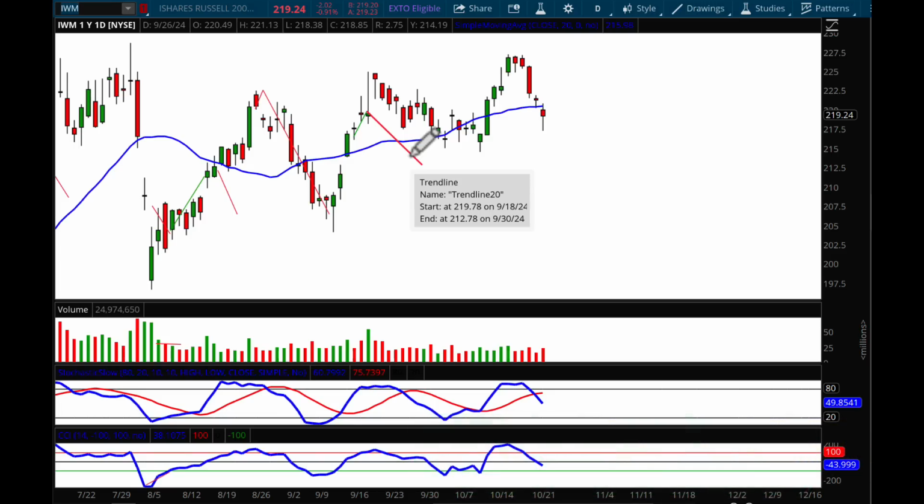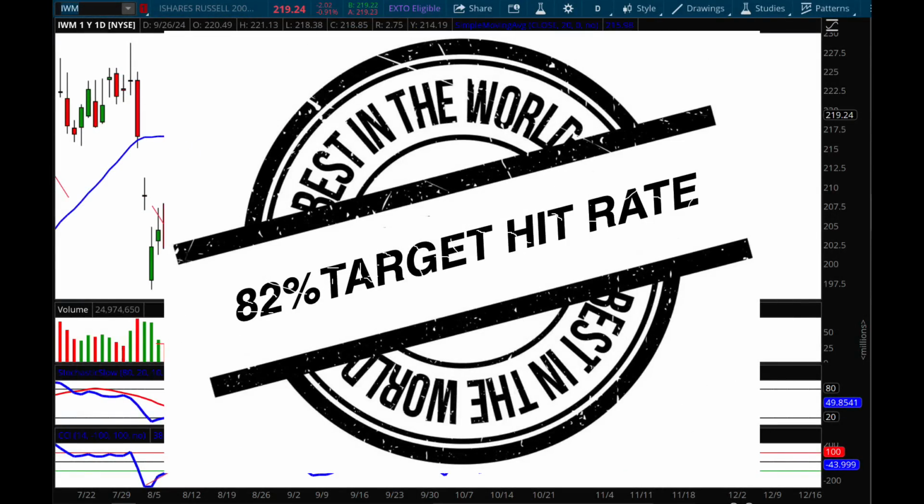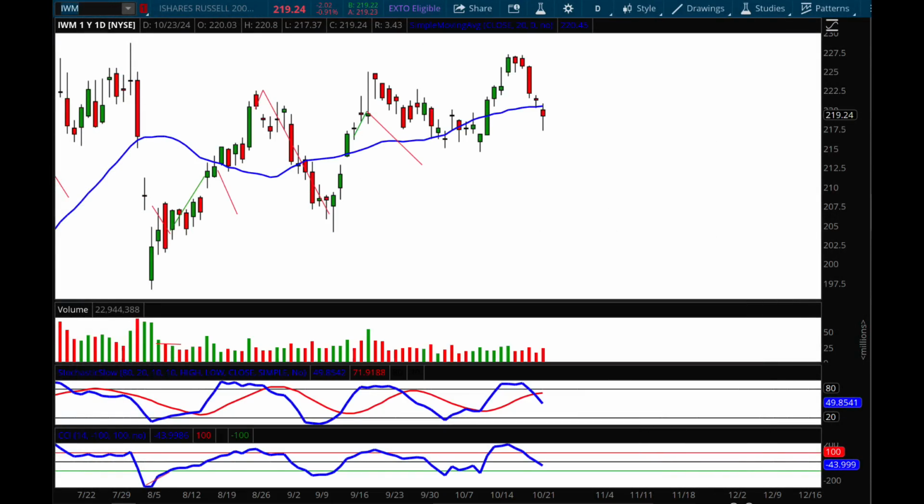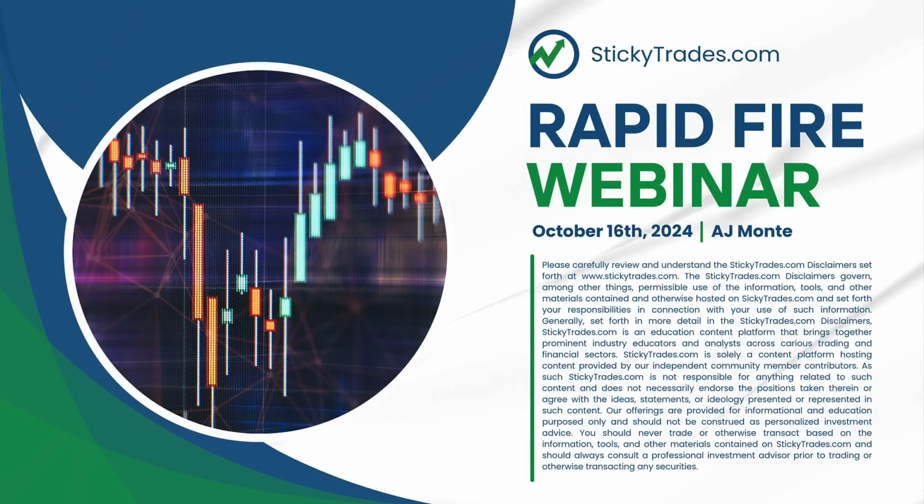Now, if this one hits, it'll be 100% for IWM, not so much for SPY, but the percentages are anywhere between 70 and 85%. On equities, we're tracking an 82% hit rate. And tonight, on our rapid fire stock analysis session from 6 to 7, I will be analyzing at least 50 stocks.